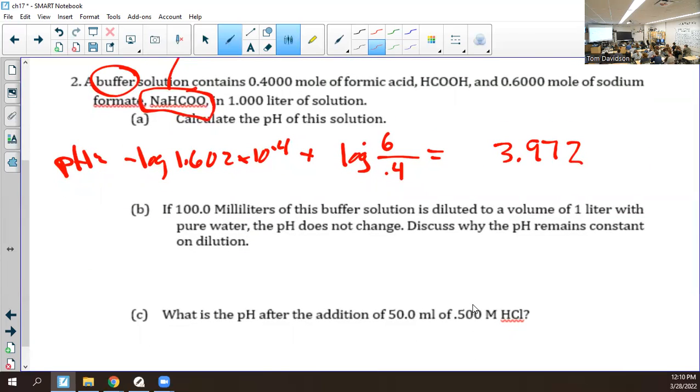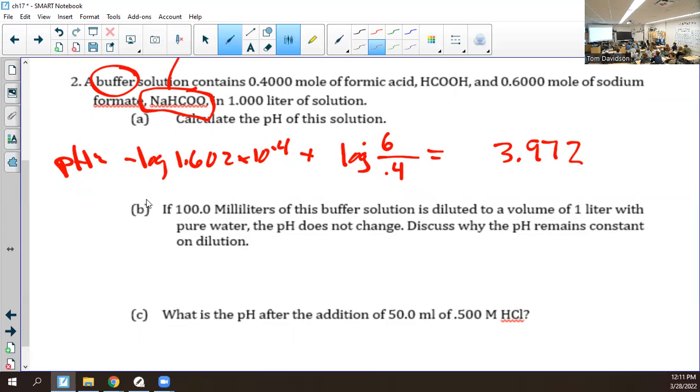Okay, this is a great question, and AP asks these style of questions all the time. If 100 milliliters of this buffer is diluted to a volume of 1 liter with pure water, the pH doesn't change, which seems super crazy. Why?